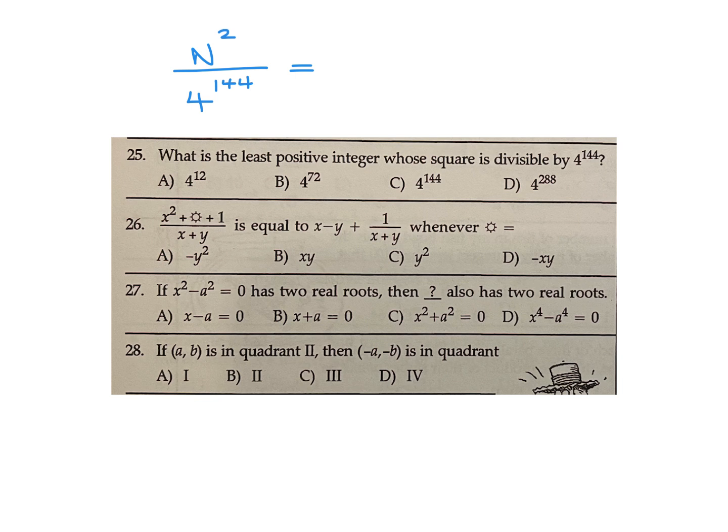Well, I guess the least would be if n squared was equal to 4 to the power of 144. That would be the least. And therefore, n would be equal to 4 to the power of 72. Correct? And I think that's it. 25, therefore, would be B.